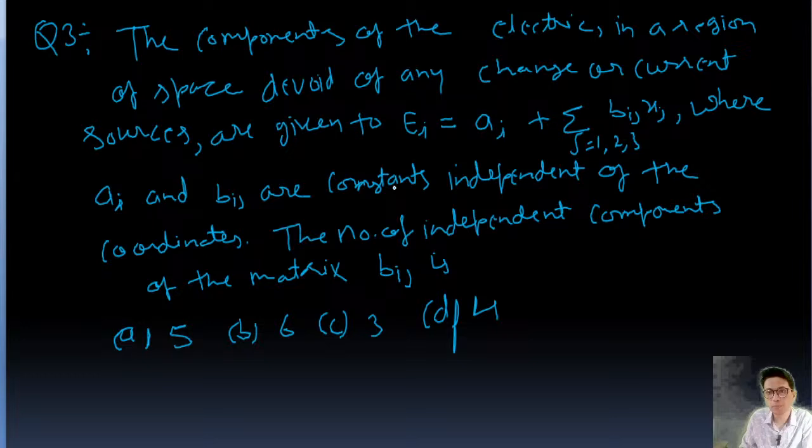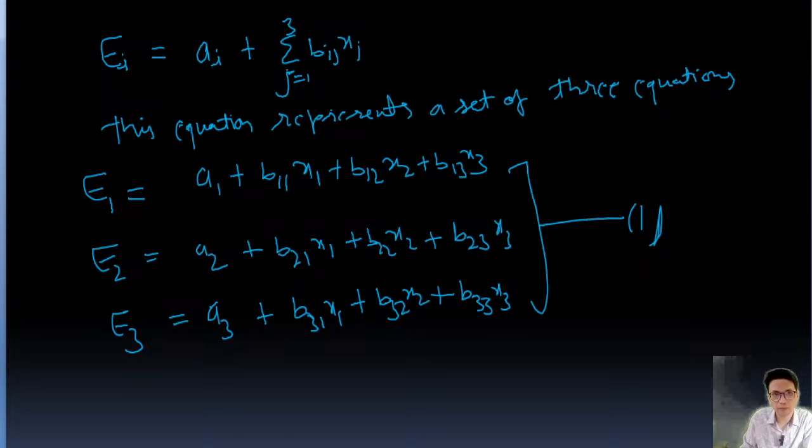Now our aim is to find out the number of independent components of matrix Bij. Here you can see E1 equal to Ex, E2 equal to Ey, and E3 equal to Ez. These are the x, y, z components.